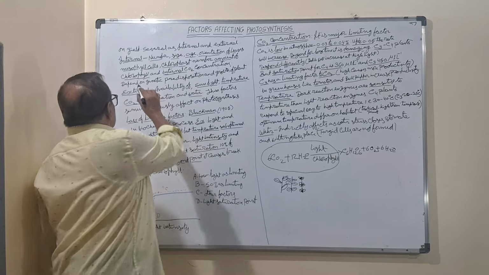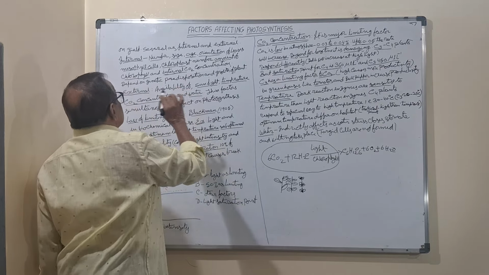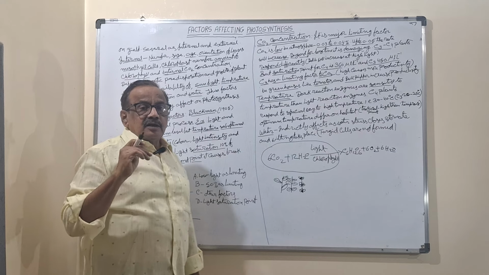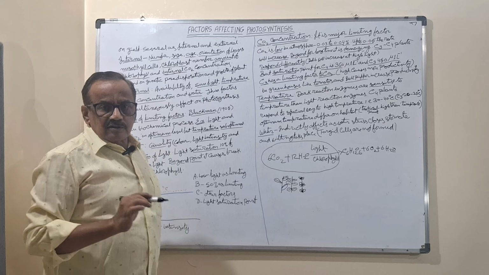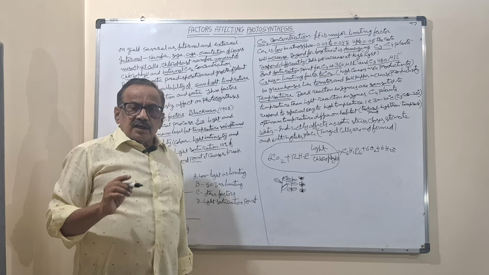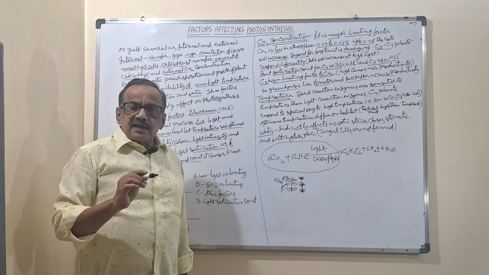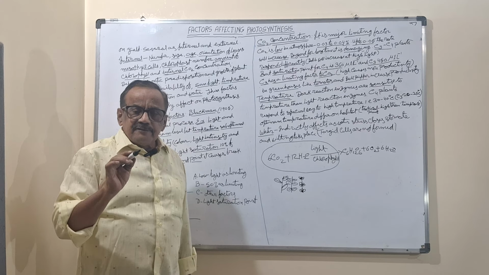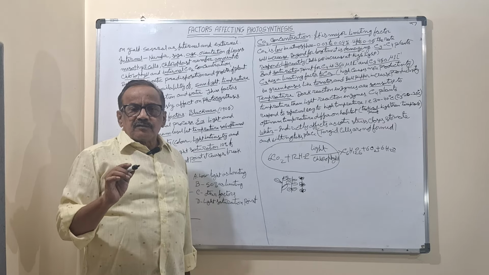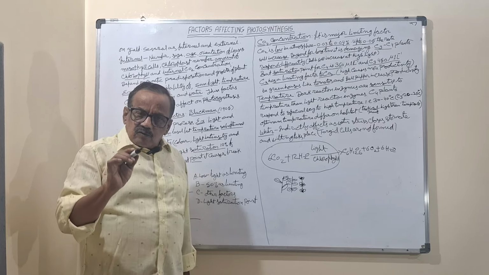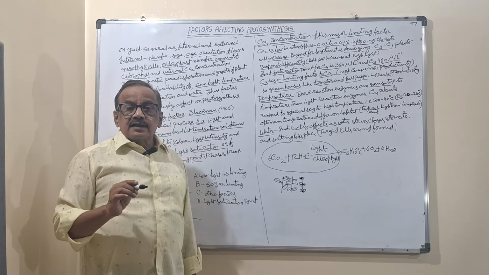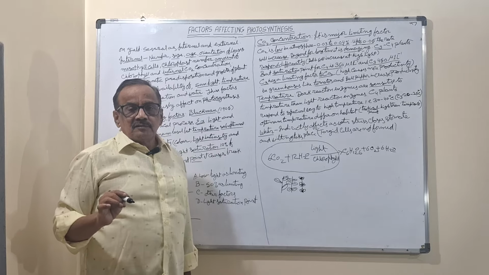So chlorophyll content, how much it is, and internal carbon dioxide concentration. This is where many people get a doubt. Internal carbon dioxide concentration: the mesophyll cells present in the leaf have a high rate of metabolic activity, one of the most highly metabolically active tissues in the plant at the time of photosynthesis.